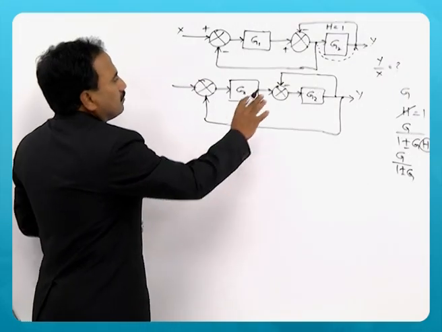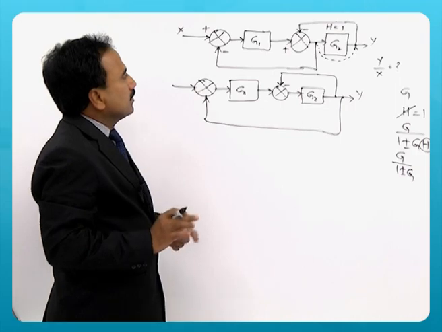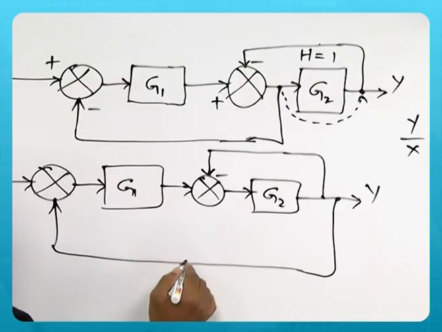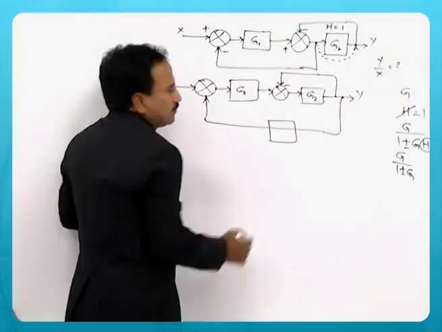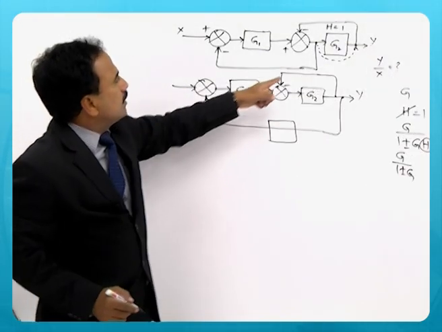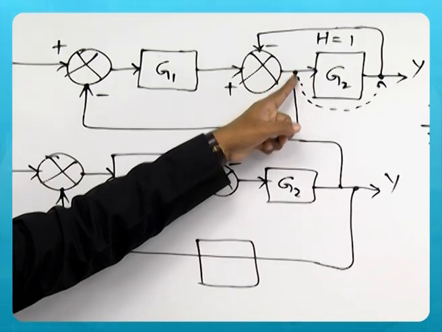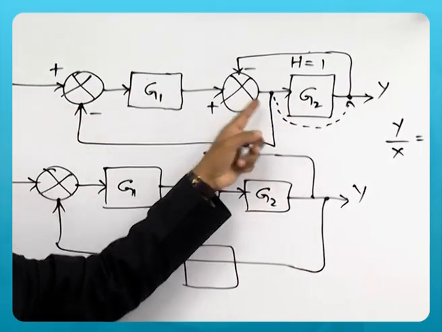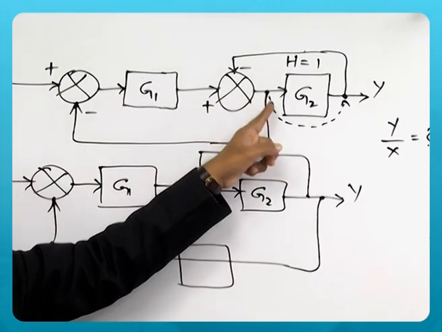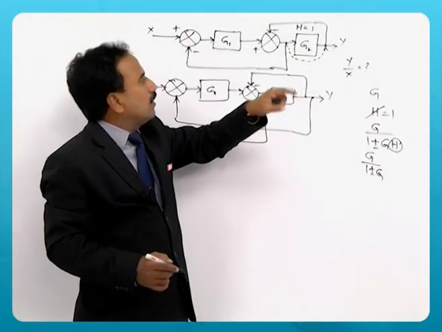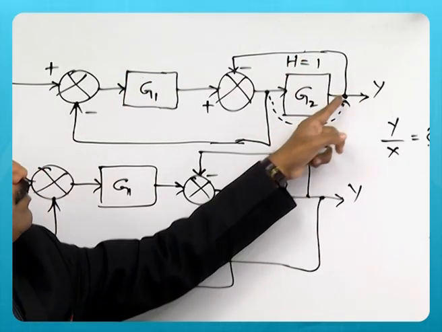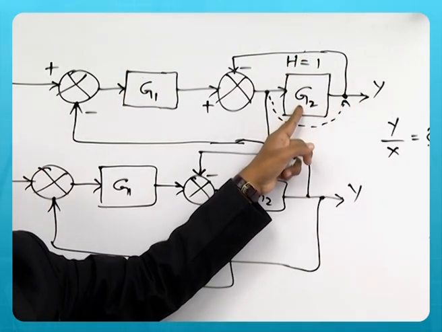So the rest of the block diagram I am not disturbing, but this shift of the takeoff point will create some block here, because the signal going from the takeoff point to this particular one is before G2, but when I am shifting this takeoff point to after a block, this signal after G2 is multiplied by G2.